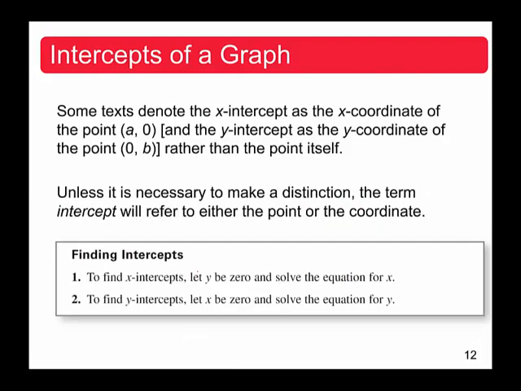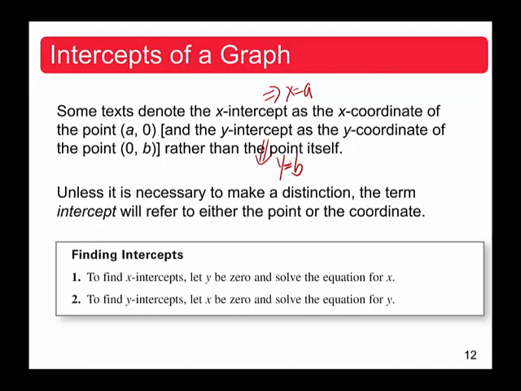So in some textbooks, the x-intercept is the x-coordinate of the point a comma 0, and the y-intercept is the y-coordinate of the point 0 comma b, rather than the point itself. So for the x-intercept, you can just write it as x equal to a. Y-intercept, in this case, you can write y equal to b. Okay. You just use a coordinate instead of the point itself.